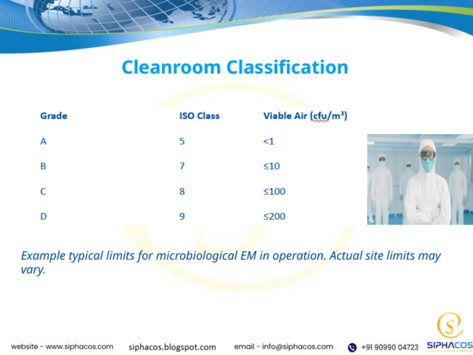Understanding these limits is crucial because it helps us maintain product quality and safety. However, always keep in mind that your facility's specific requirements might be different, so it's essential to refer to your site-specific standards and regulations. In the context of overall contamination control, these limits serve as key indicators. They guide us in monitoring, maintaining, and validating our cleanroom environments to meet the necessary standards for microbiological quality.